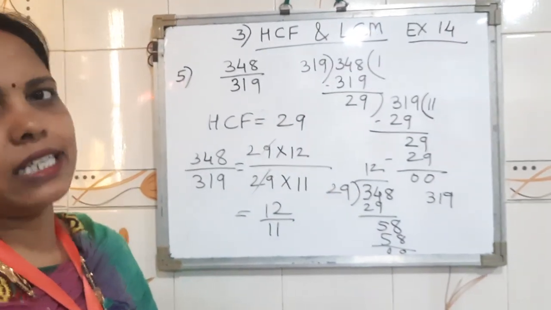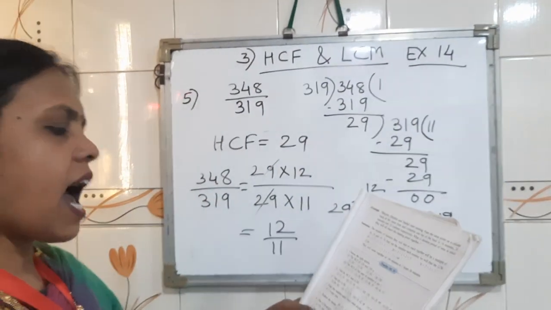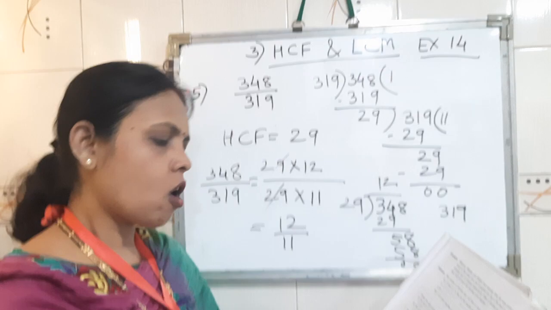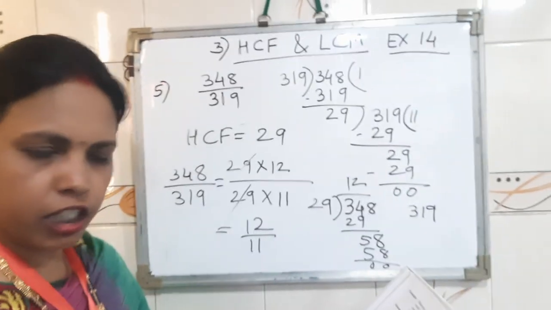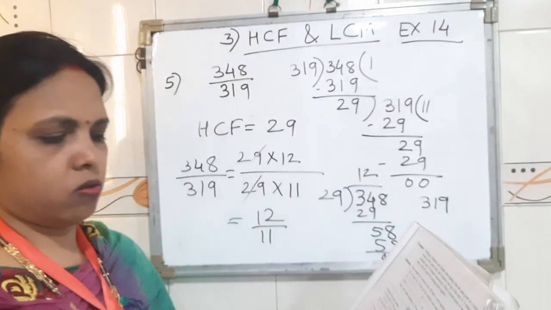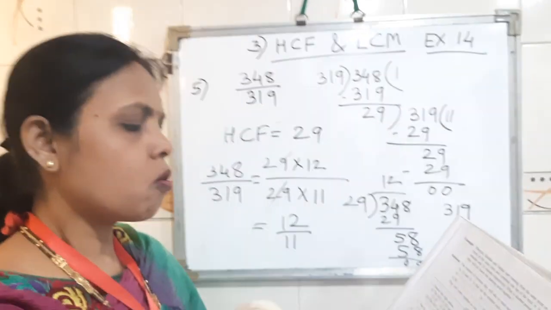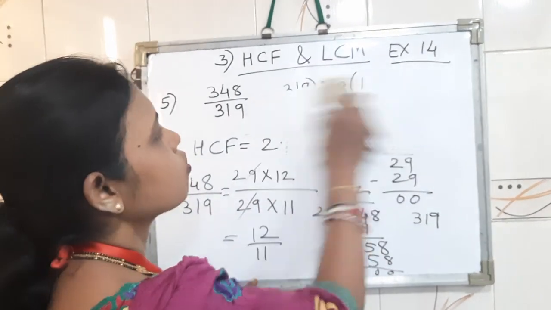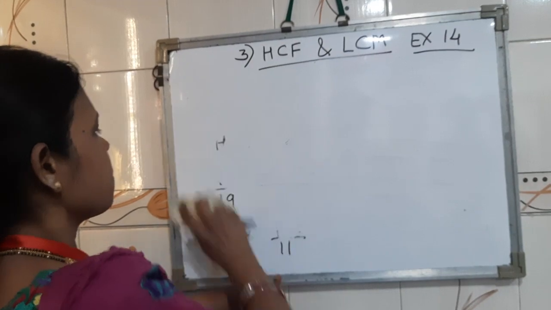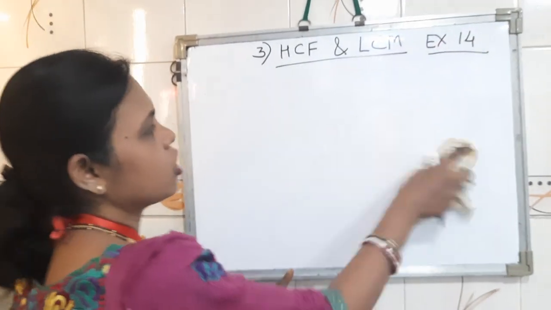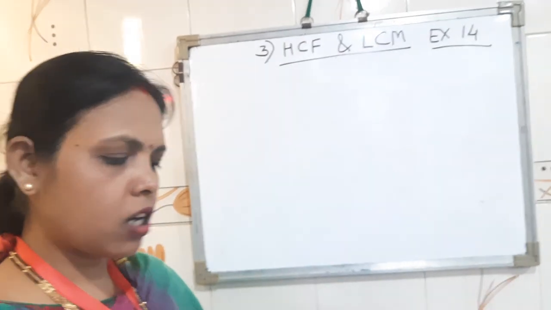Now question number 6. The LCM and HCF of two numbers are given, that is 432 and 72. If one of the numbers is 216, what is the other one? So children, related to HCF and LCM, we have a formula. What is that formula?